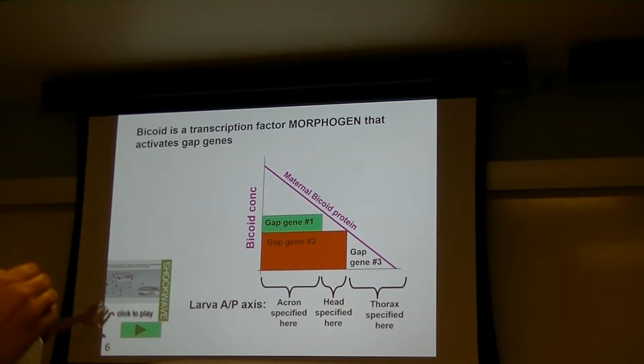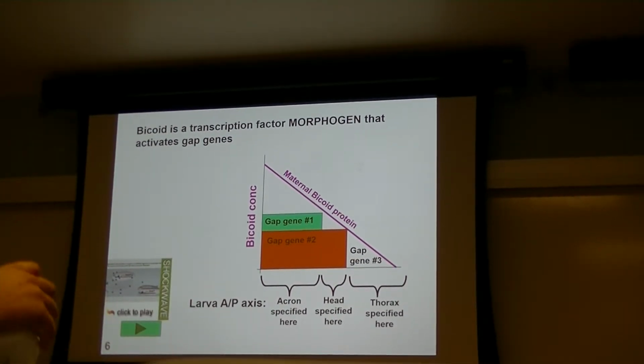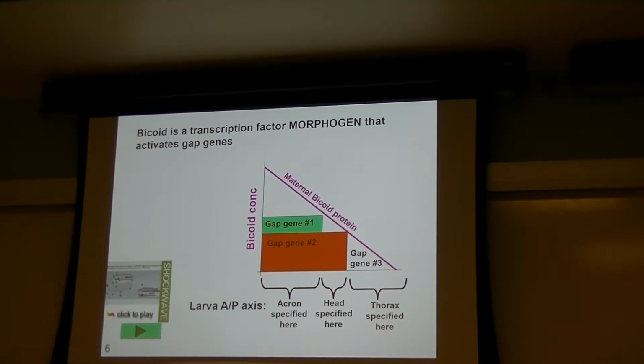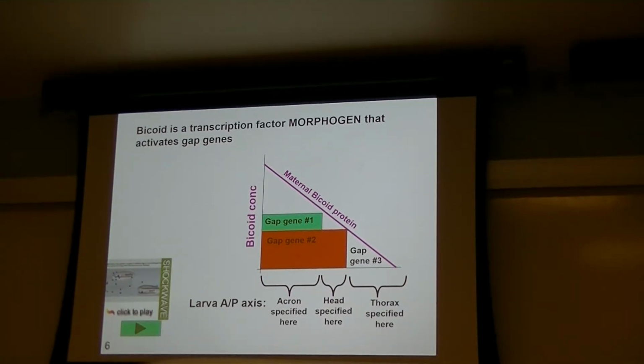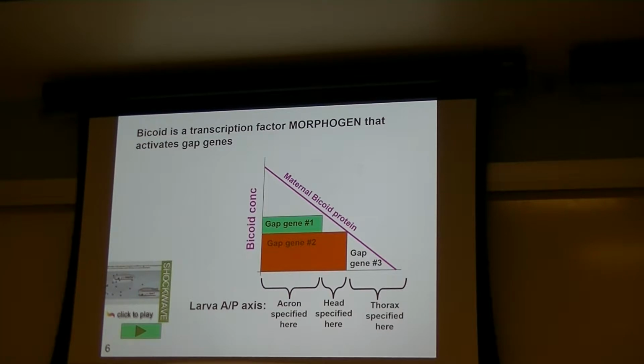Look for the website called FlyMove, and there's a lot in the section called segmentation genes, including a number of these different animations, which I think are kind of fun to play with. Sometimes seeing a picture or a little animation just gives you the intuitive concept right away.